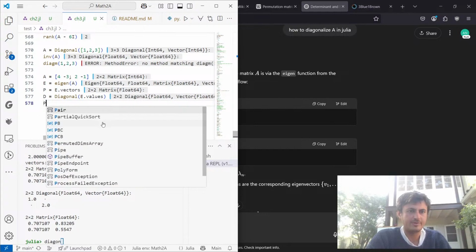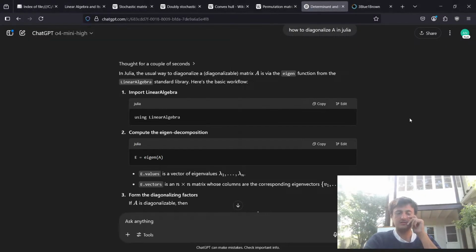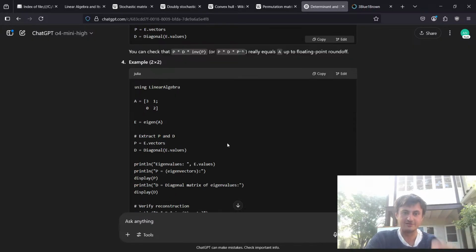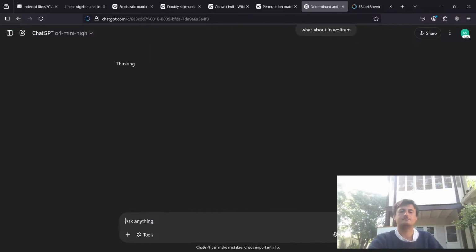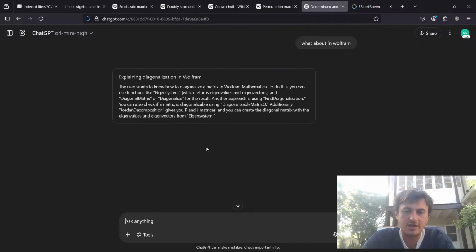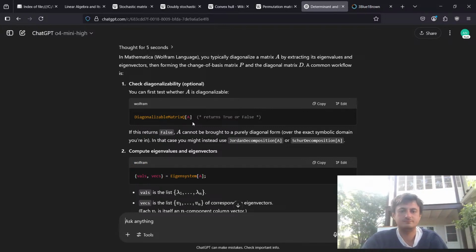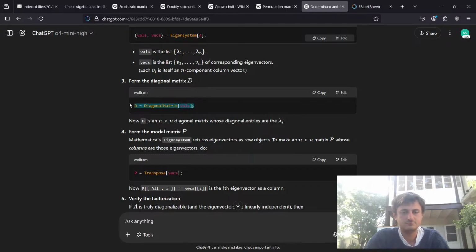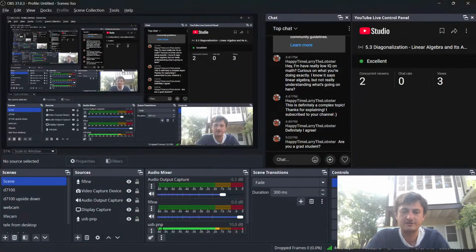And then you can just do P times, yeah, so there's the identity. There really isn't any other way to do that. I would expect there would be a one line. Do you have to use eigensystem too? Interesting. Okay, so I guess people don't really do this in practice because it's not easy.